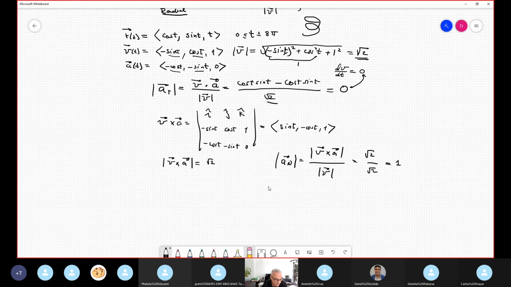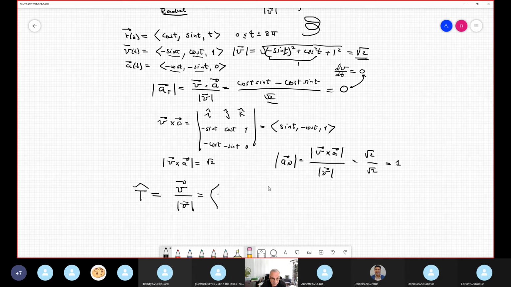If you want, for example, to compute the unit tangent vector, the unit tangent vector is velocity divided by magnitude of velocity. So it is the velocity vector, which is this vector, divided by this, which is radical 2.